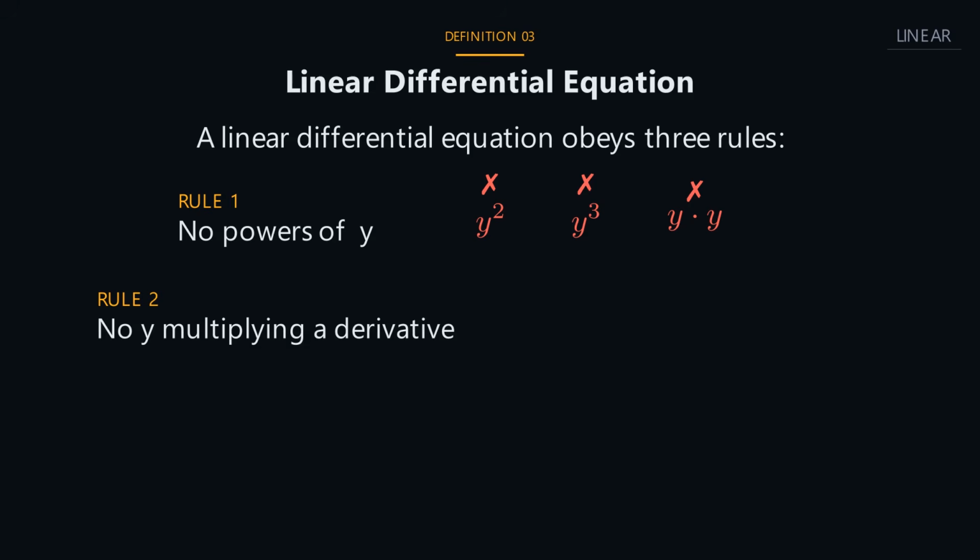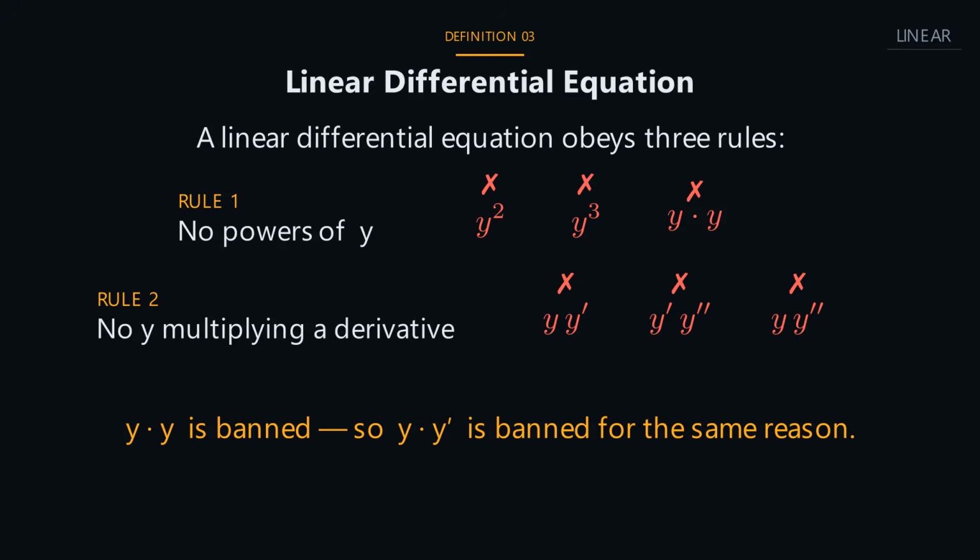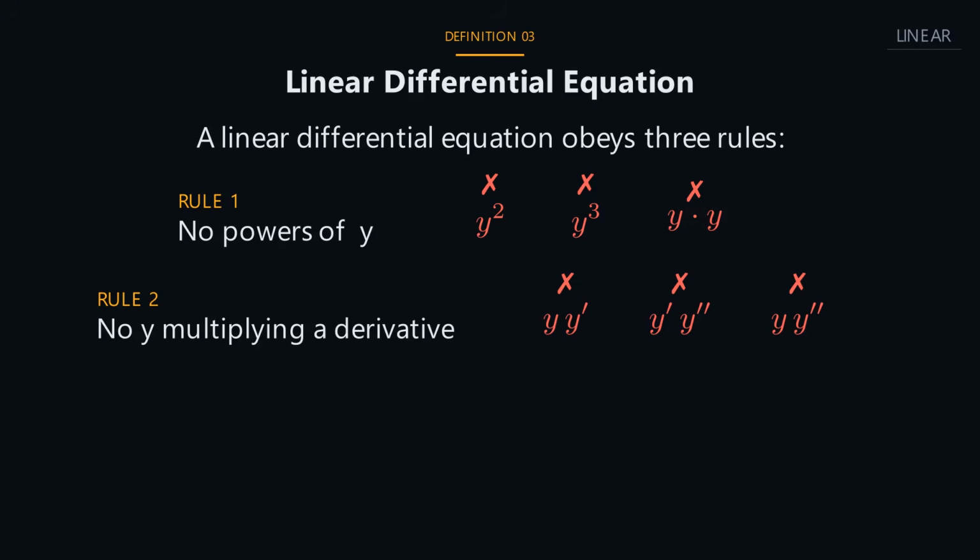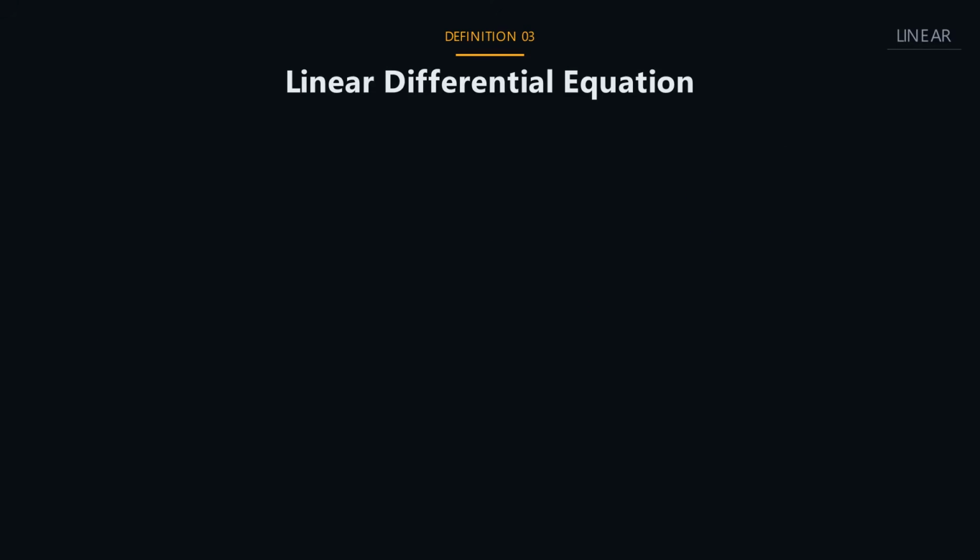So for example, you can't have y times y prime. You can't have y prime times y double prime. You can't have y times y double prime. And a good way to look at this is you can't have y squared, you can't have y times y, and in the same sense, you can't have y times y prime. None of those work. If you want to know why, I can explain in the comments. Just ask me.